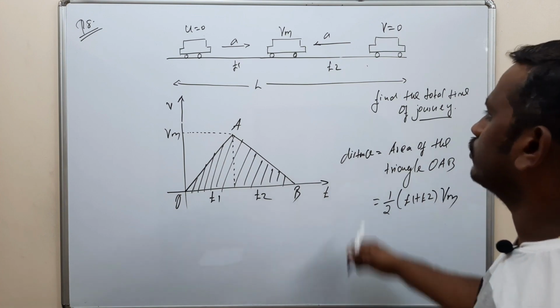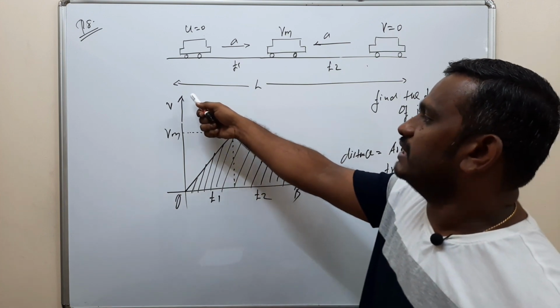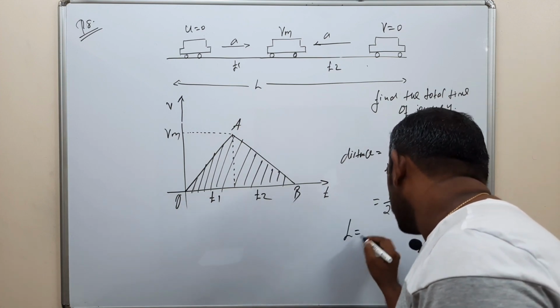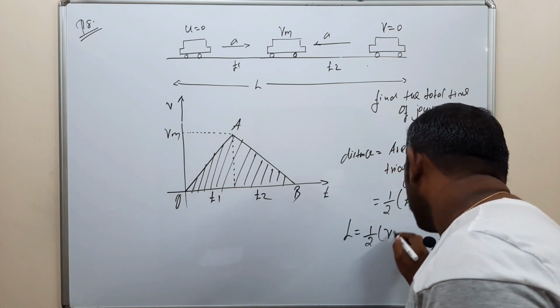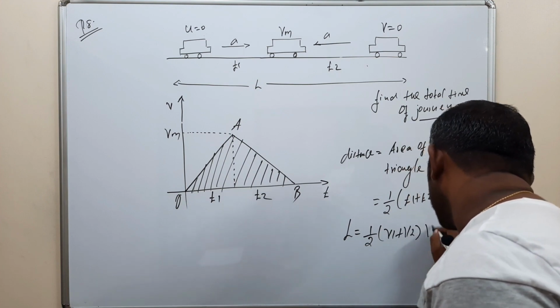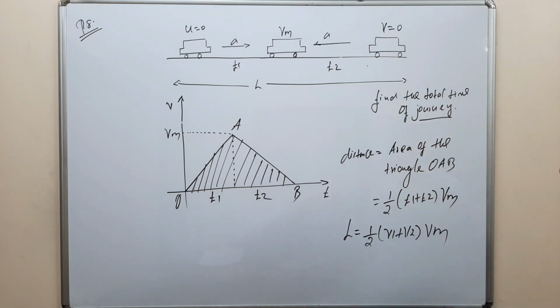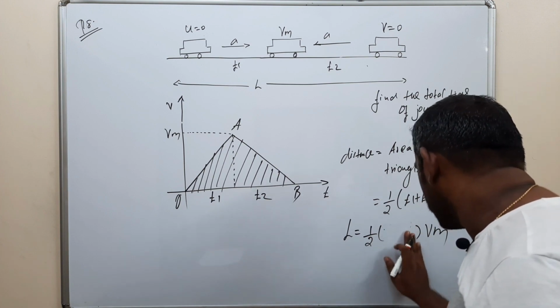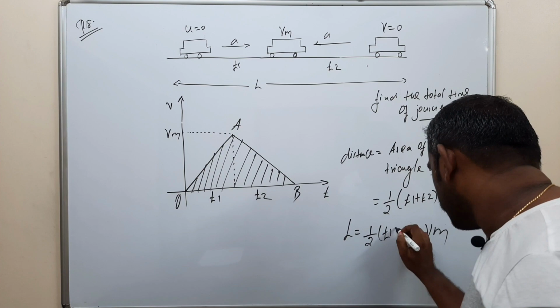In the question it is given that the total distance traveled by the car is capital L. So L is equal to half into (t1 plus t2) into Vm.